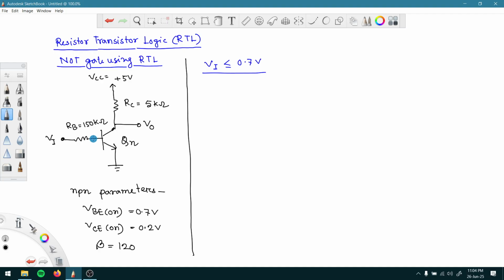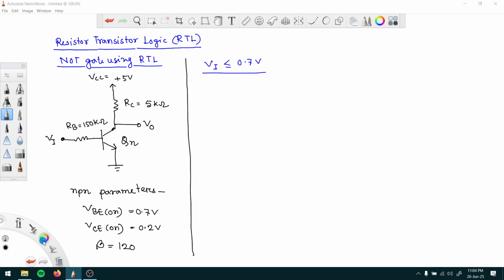We need at least 0.7 volt here at the base terminal for the base to emitter junction to be forward biased, because the emitter is connected to ground, so the base should be at least 0.7 volt higher than the emitter. If we are at a voltage lower than 0.7 volt, obviously that will not happen.